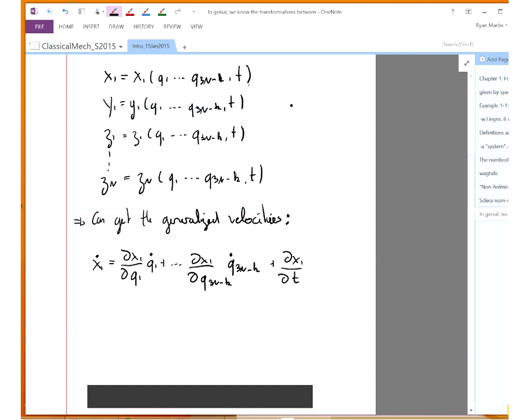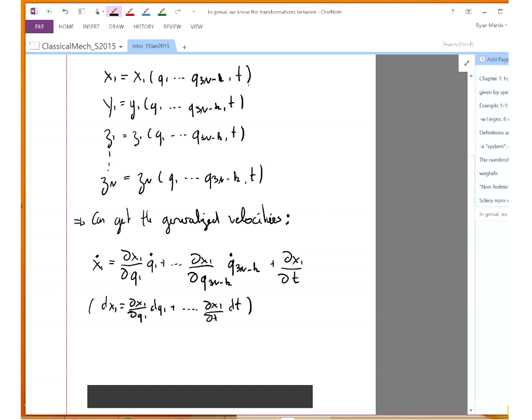Because in principle x1 could depend explicitly on t. That comes from writing that dx1 is di x1 by di q1 dq1 plus, and so on, plus di x1 by di t dt, right?